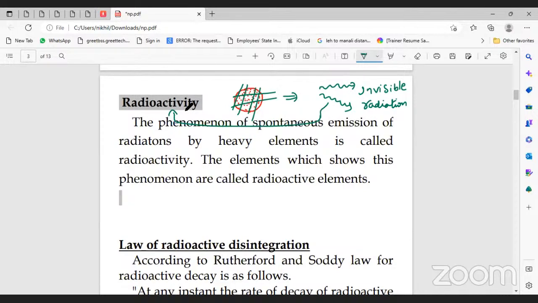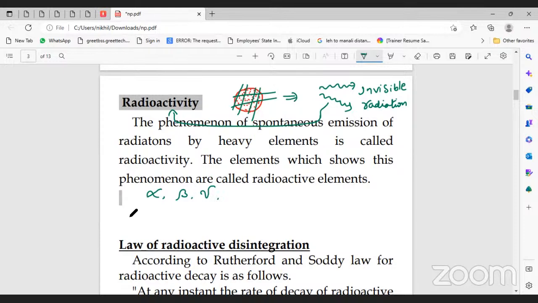That phenomenon we call radioactivity. Whenever those radiations are emitted, those three radiations we have considered as alpha radiation, beta radiation, and gamma radiation.